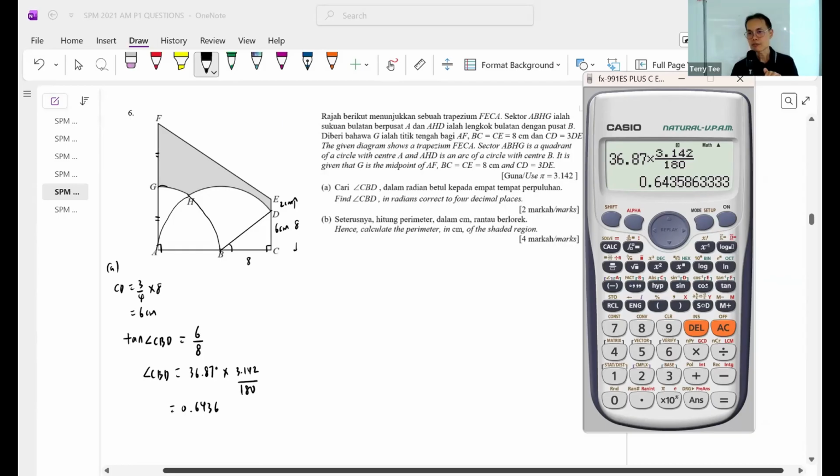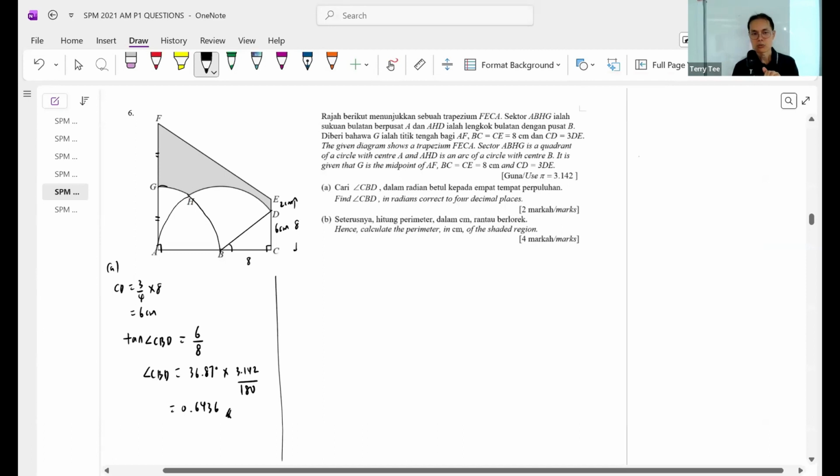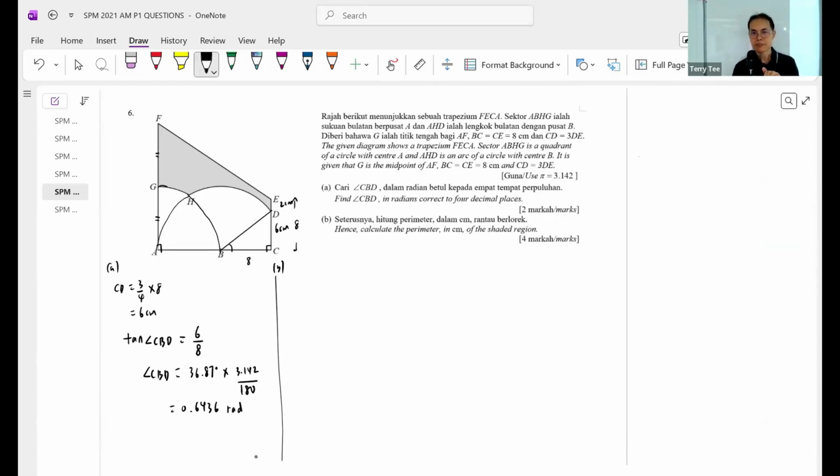If you use shift tangent 6 over 8 with the calculator in radian mode, this is the most accurate, 0.6436. So it's up to you. Personally, I feel we should do it directly using radian mode. If not, use more decimal places. Otherwise, your answer might be different. Okay.